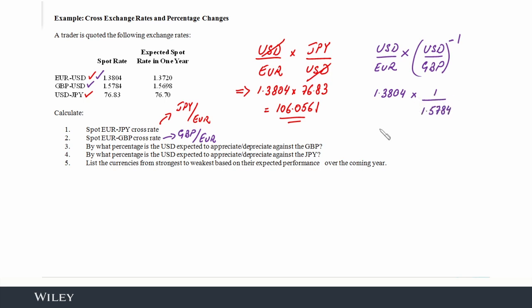You perform this calculation and you obtain a value of 0.8746 as your Euro Pound exchange rate, which represents the price of the Euro in terms of pounds.